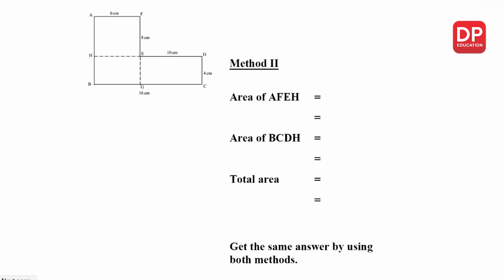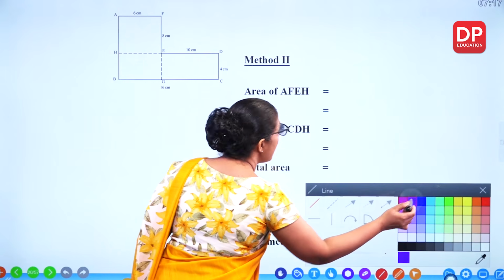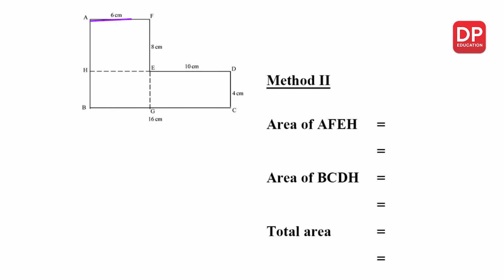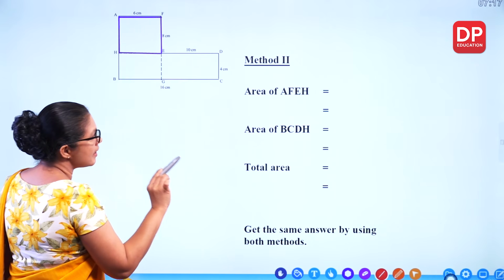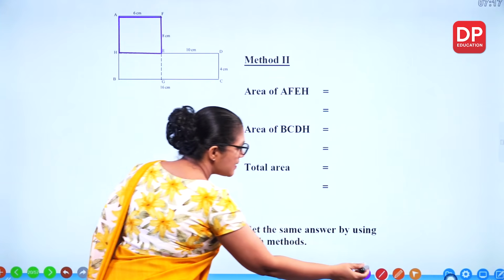Now I'm taking the other way around. I'll take AFEH. This area, and BCDH. BCDH is the other area.